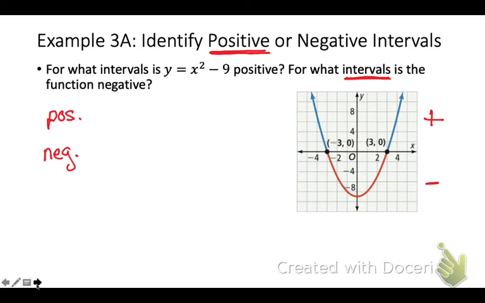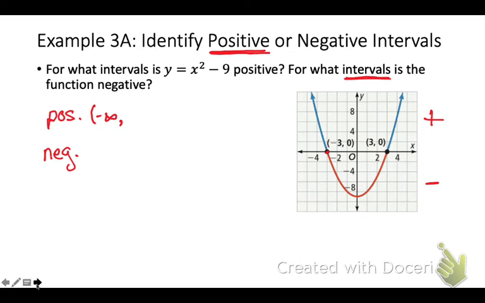So, from negative infinity to what is it positive? Where does it change from positive to negative? Negative 3. So can I ever include negative infinity? No. So I write a parenthesis, negative infinity. Right here, it is changing from positive to negative, right?